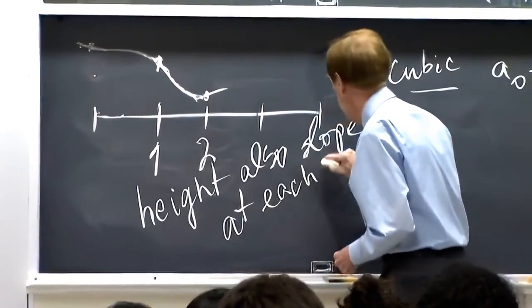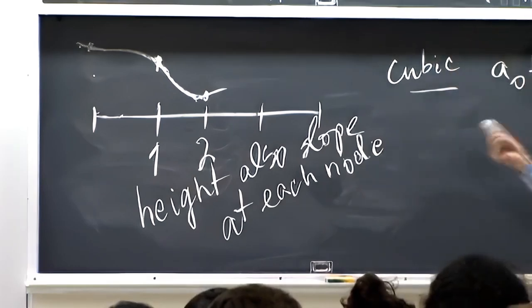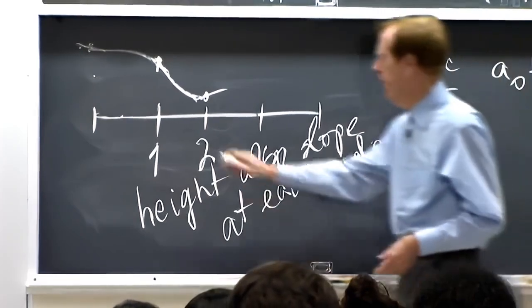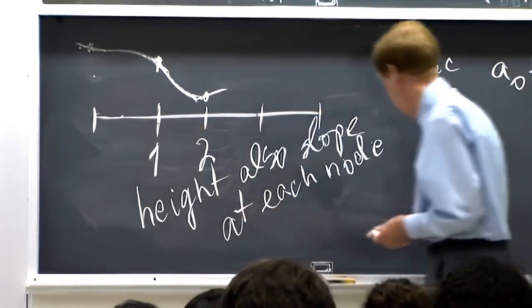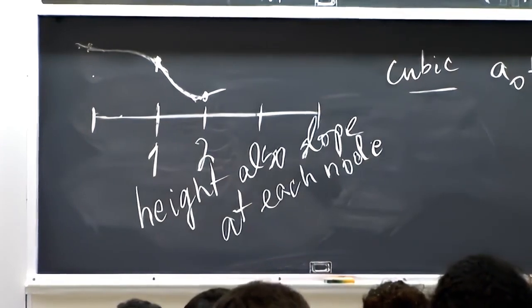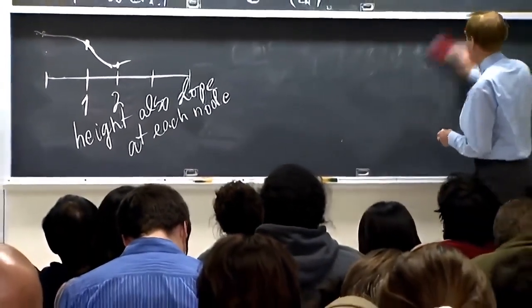So what does that mean? That means that I'm going to have 2 unknowns, 2 trial functions, each with its own coefficient at each node. So if I take a typical node there, I want 2 functions. Okay, this is interesting. But you see what I'm creating?